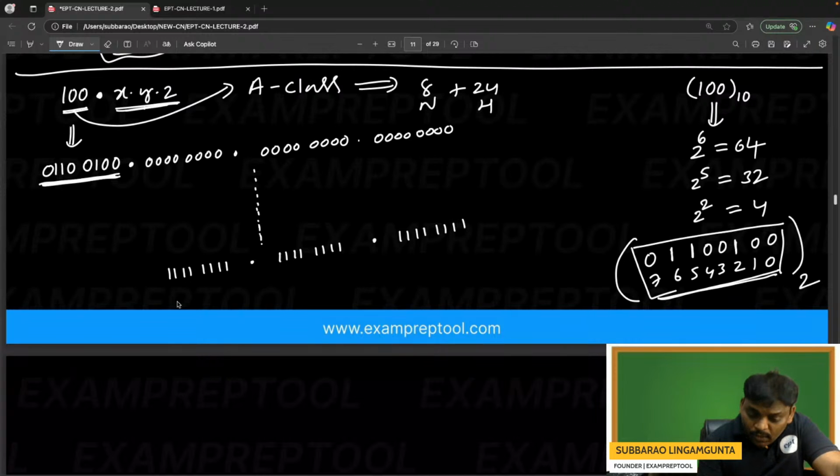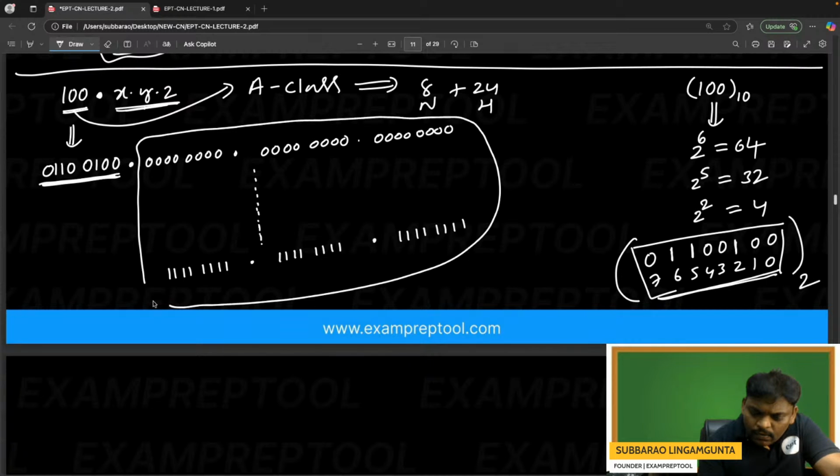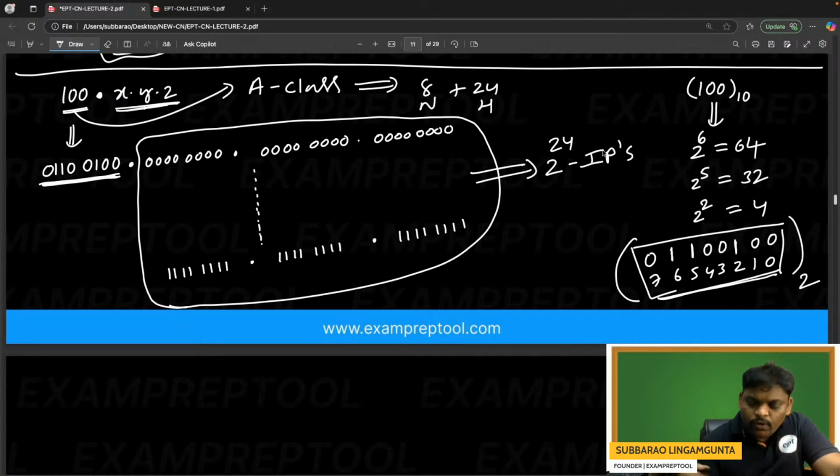Now observe here. What I mean to say is, one class A network has 2 power 24 IPs possible. Remember, I am saying one class A network, and that class A network is this one, 100.